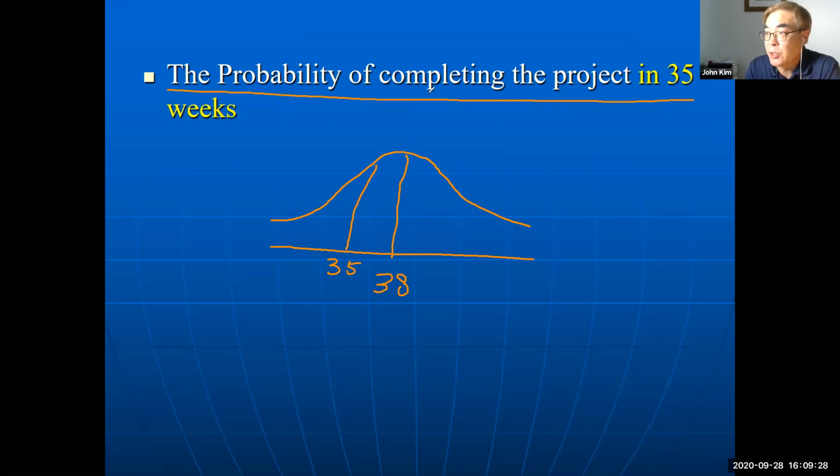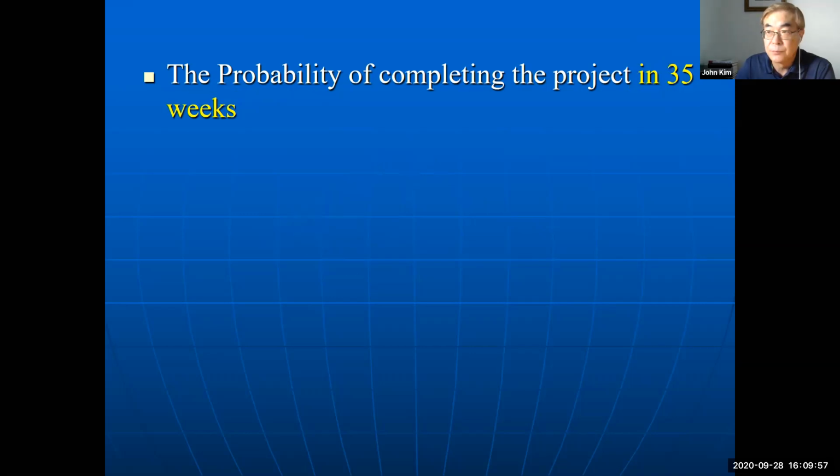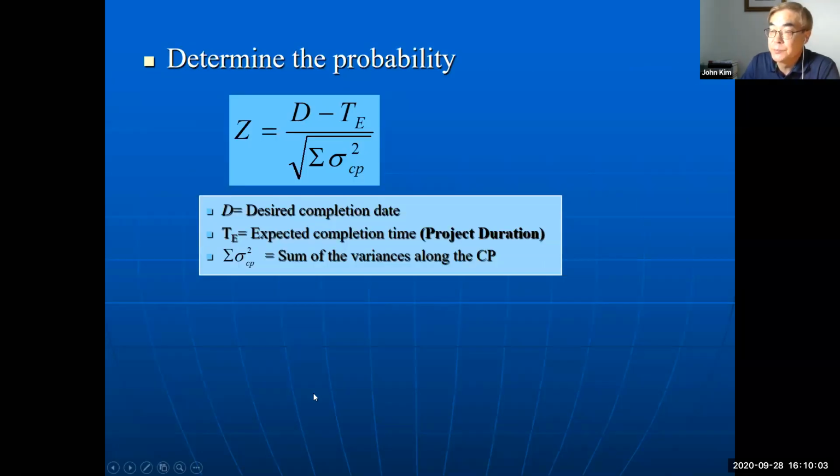The probability of completing the project in 35 weeks. In 35 weeks, in this distribution, the area is this side. So finding this area using this formula: z equals D minus Te.